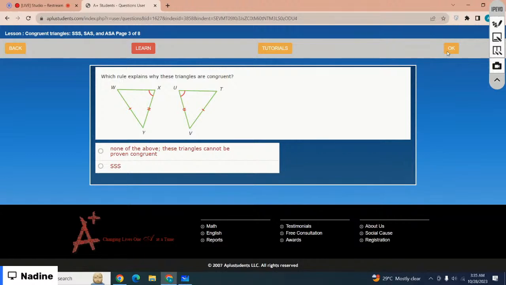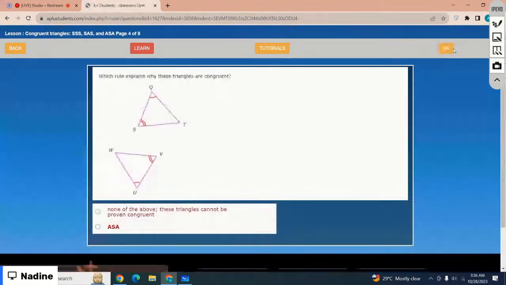The angle is not between the two. None of the above. These triangles cannot be proven congruent, right? The angle must be between the two. If this is the angle, then that would be side angle side, right?